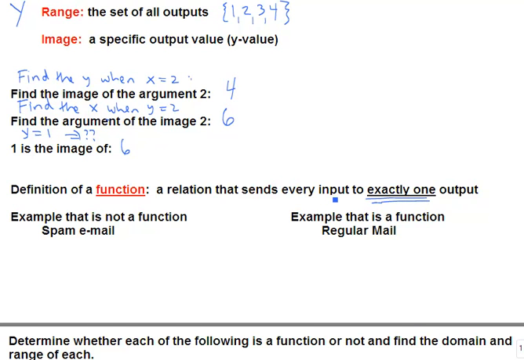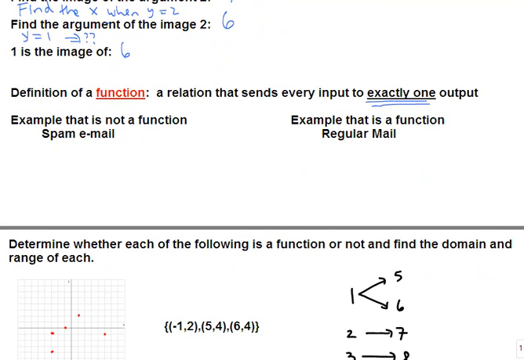So every x value, every input x, gets sent to exactly one y. Let me give you 2 examples here. The first one is an example of something that is not a function, and then I'll give you an example of something that is a function.